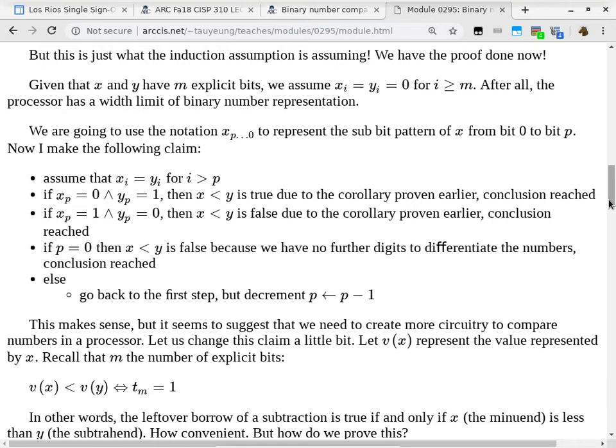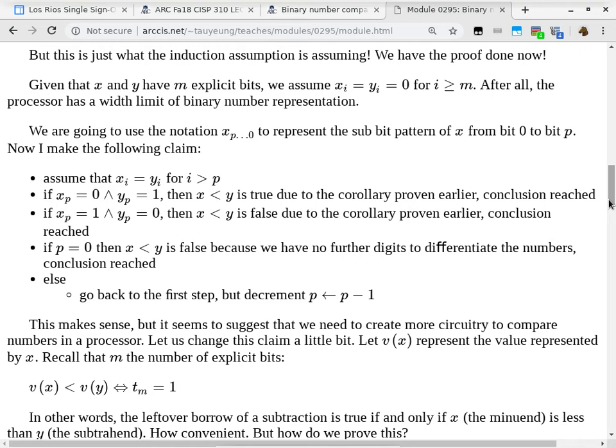Bit 17 are both zeros. Bit 18 are both zeros. Does that make sense? All the implicit bits to the left, the more significant digits, are just implied zeros. Since both x and y have exactly the same implicit zeros, they're all the same. Are we okay with that?